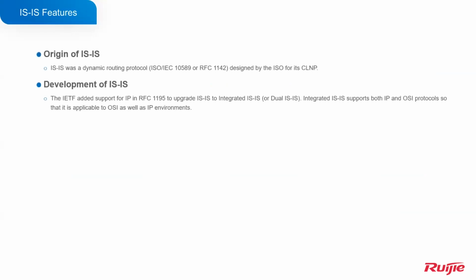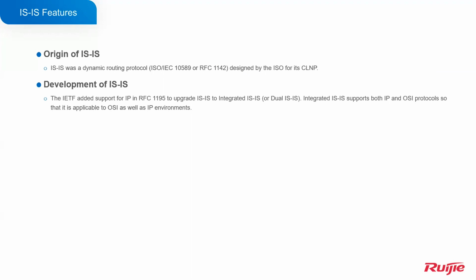About the ISIS features, the origin of ISIS, as we said, is that it was used by the ISO organization for its CLNP network. Of course, now we talk about network technology based on TCP/IP. If you are interested in the OSI reference model, maybe you can get more information on the internet.